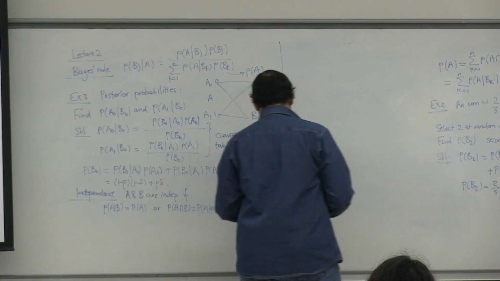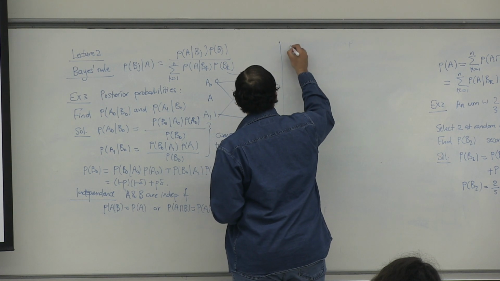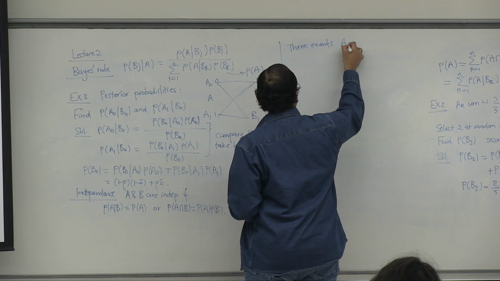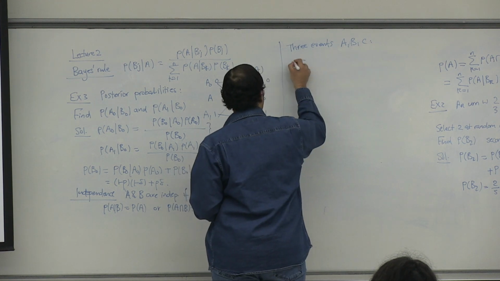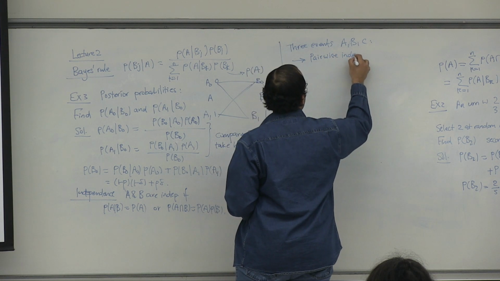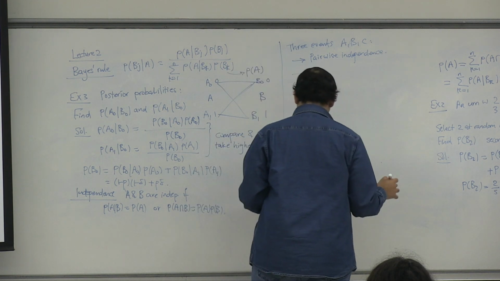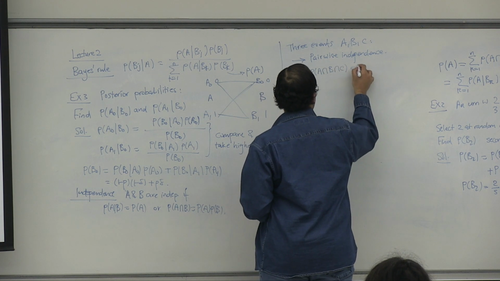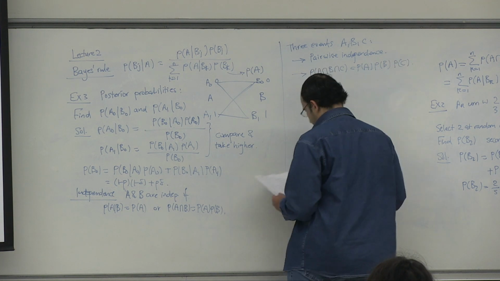And then for a set of three events A, B, and C, you have two conditions: pairwise independence, and in addition to that, the probability of A intersect B intersect C is P(A)P(B)P(C).